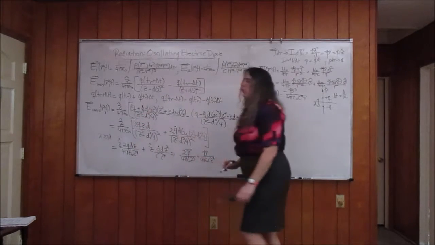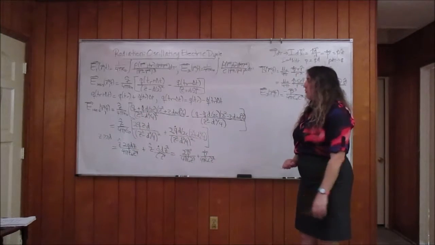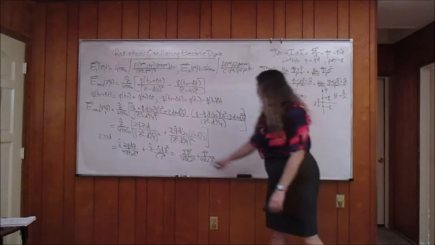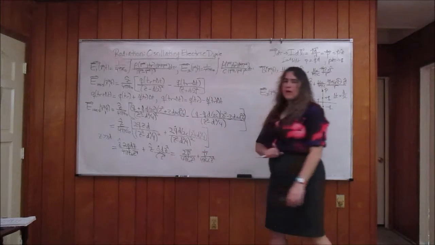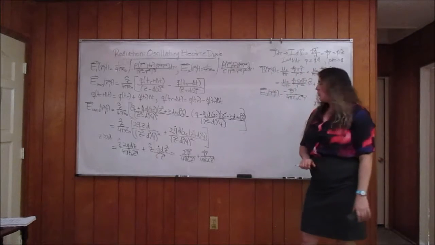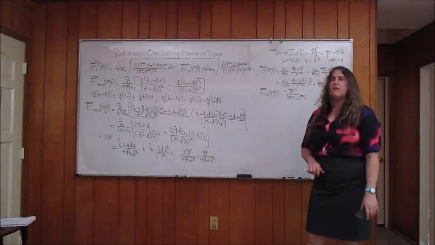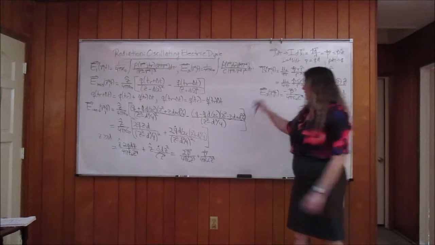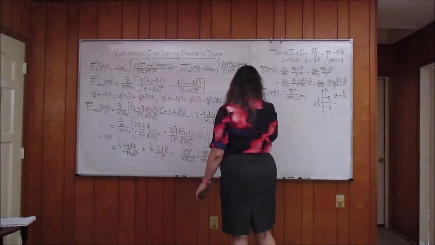For the contribution to the electric field from the first term along the axis is 2 times the dipole moment over 4 pi epsilon naught z cubed, plus the time derivative of the dipole moment over 4 pi epsilon naught c z squared. And I'm going to copy this over to the right hand side.